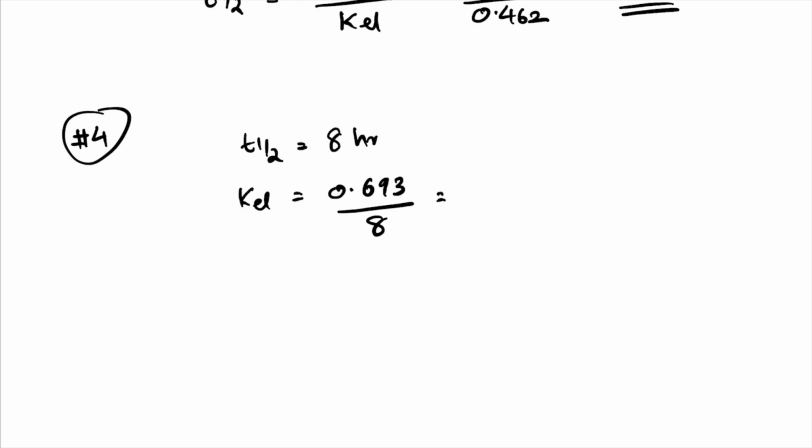And if you round it to 3 decimal places, it's going to be 0.087. Again, unit is per hour. The dose that is given is 600 milligrams. So x sub 0 is 600 milligrams.